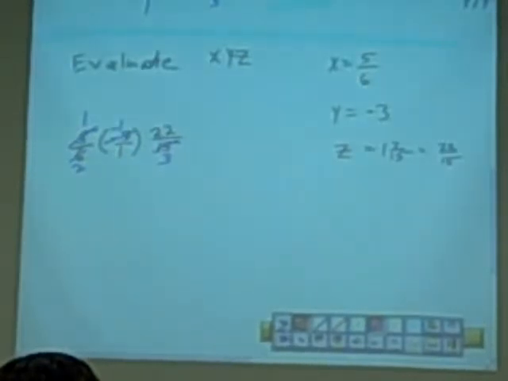Anything else cancels? The 2 can go into 22 11 times. 2 goes into itself once. And so what do we get for an answer? Good. You got 1 times negative 1 times 11. That would be negative 11 over 3. Okay?